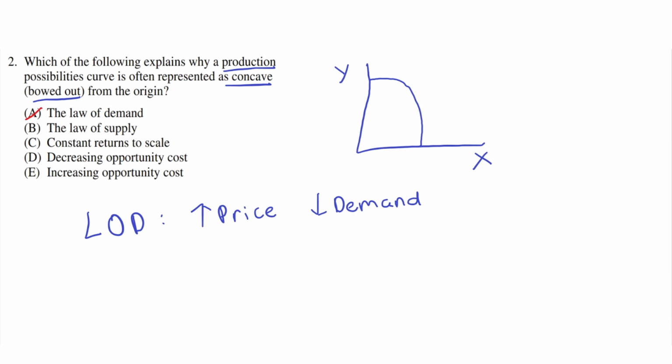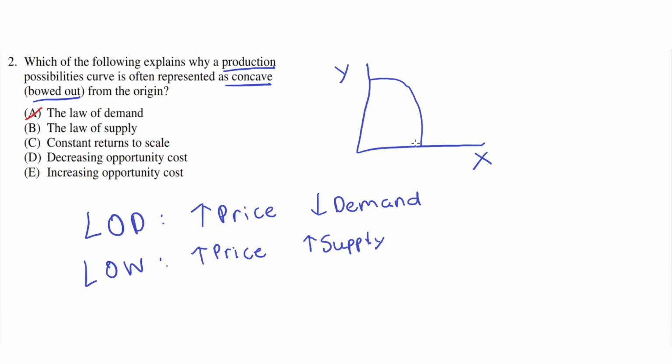B, the law of supply. So the law of supply is that as price increases, the supply increases, so that as the price of this good increases, producers will be willing to supply more of it.